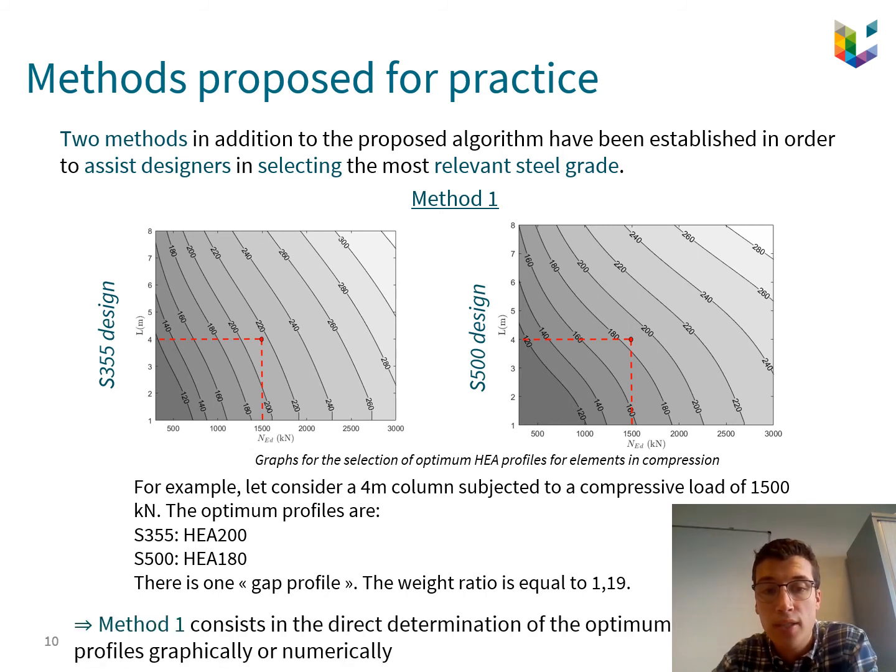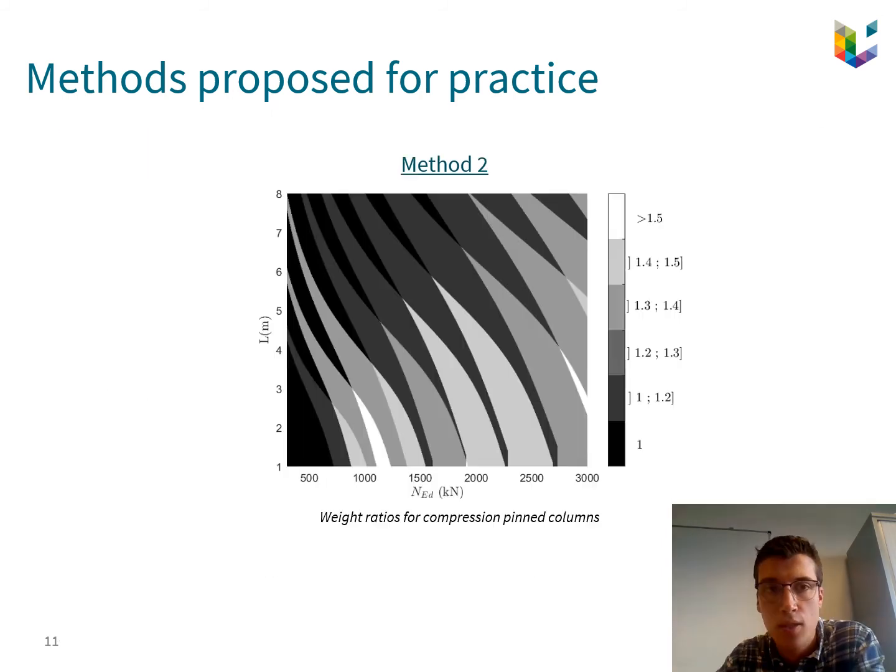So method 1 consists in the direct determination of the optimum profiles graphically or numerically. The second method proposed for practice is a method in which we represent directly the weight ratio between the two optimum profiles. But the main drawback of this method is the fact that we don't know in the end which is the optimum profile of the most relevant steel grade.